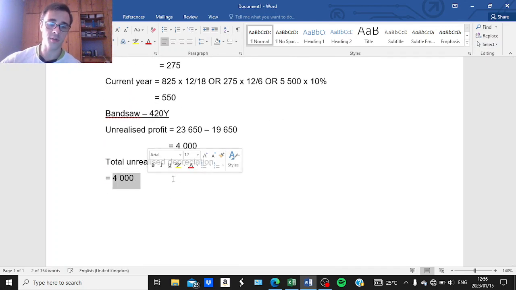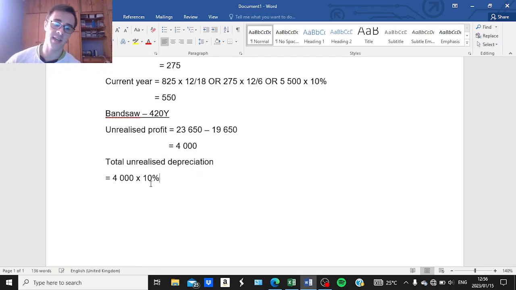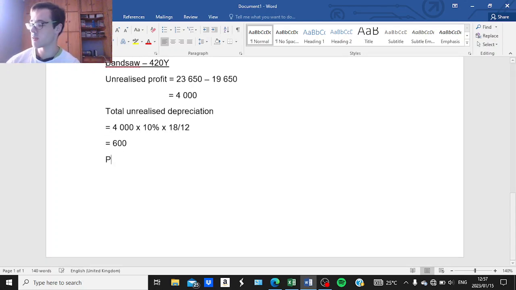Taking the unrealized profit of 4,000 multiplied by 10% or 1 over 10, and we will multiply by 18 over 12, and this will give you 600 Rand. And again, we need to split this between the previous year and the current year.